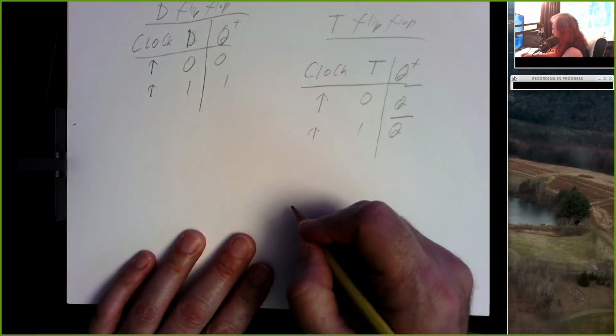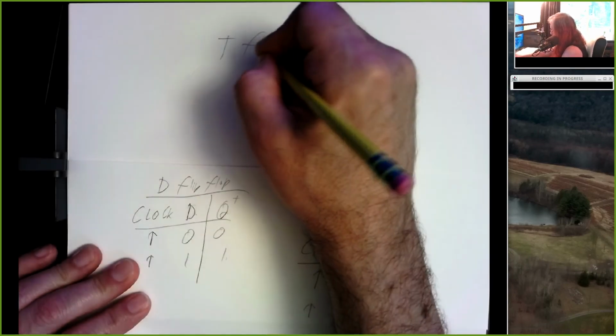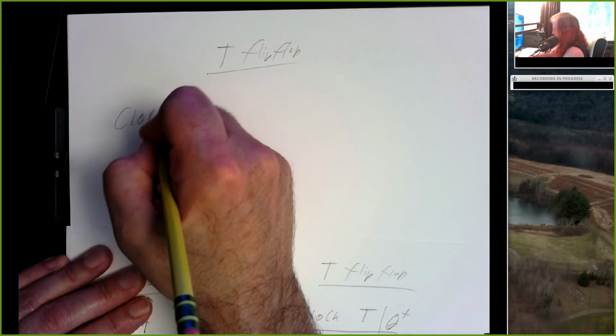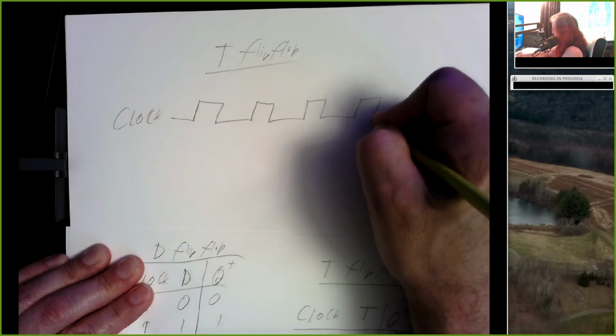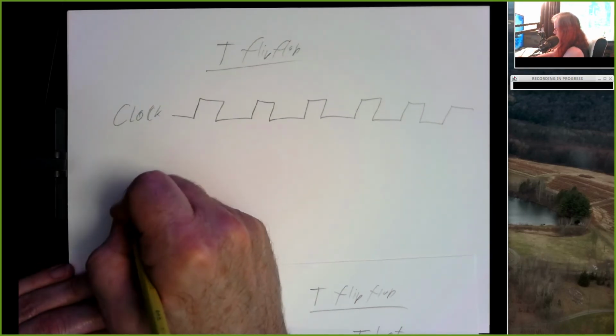So in this case, if we drew a timing diagram, and usually our clocks are repeating like this, and here's our output.